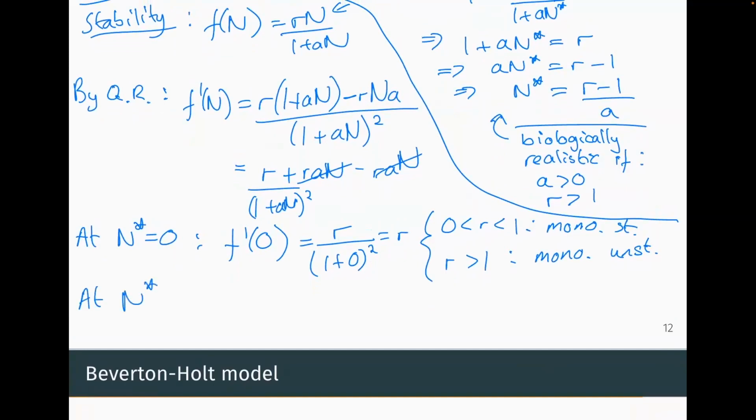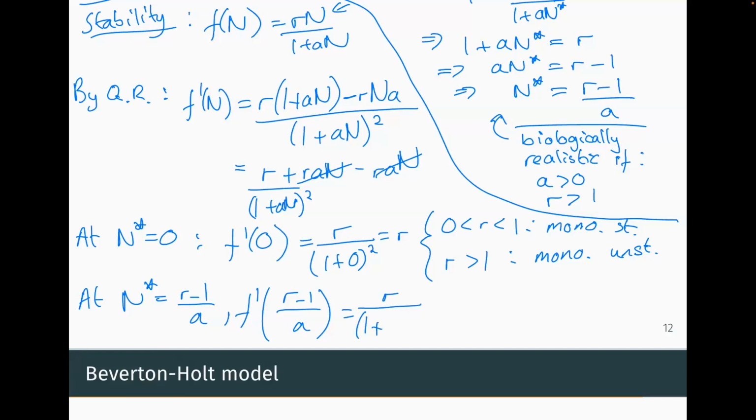So now we need to look at the other point. So n star is equal to r minus 1 over a. So it's a little bit more tricky. Get the gradient of our growth function. So what's this going to look like? Well, we have r on the numerator, and on the bottom 1 plus a times r minus 1 over a.